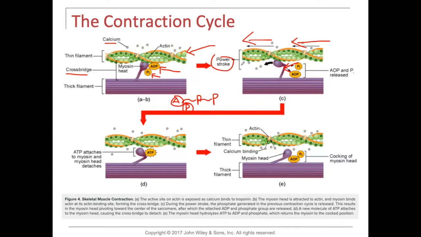When it made this contact, it released ADP and this phosphate. Usually this phosphate is creatine phosphate. Wherever we see this phosphate by itself, let's refer to it as creatine phosphate, or CP. So it released ADP and creatine phosphate.